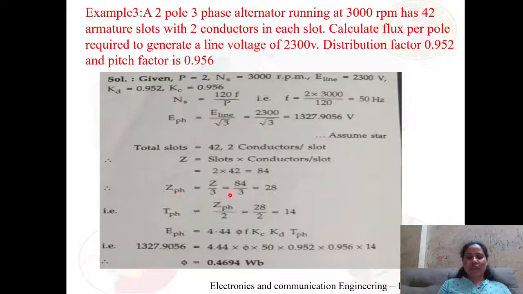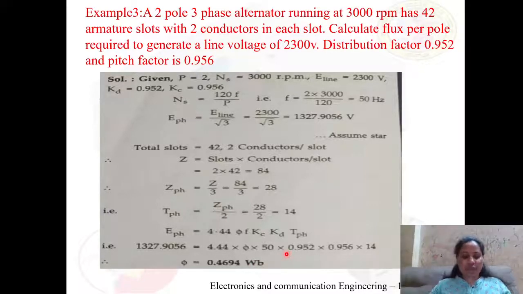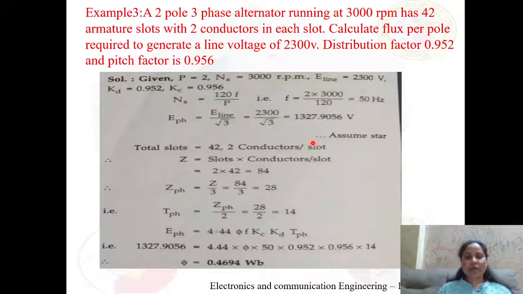I already explained these terms. Substituting all these values, we get the flux as 0.46 Weber. So like this, we can find the unknown parameters for 3-phase alternators. Thank you.